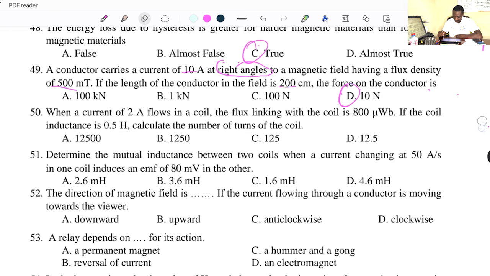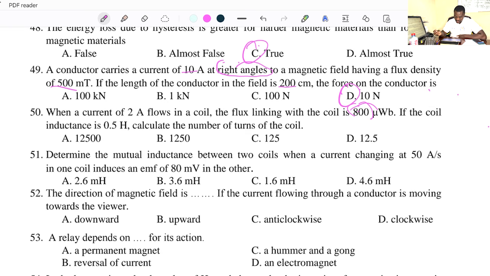And we are given the current, then the magnetic flux, then we are also given the inductance.